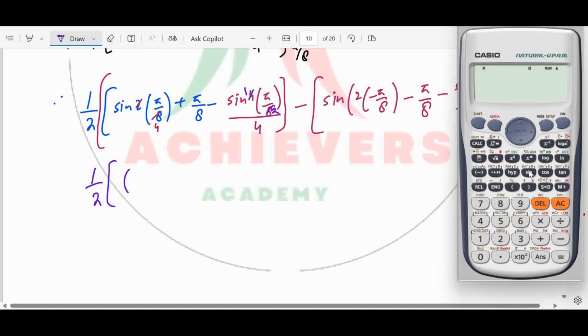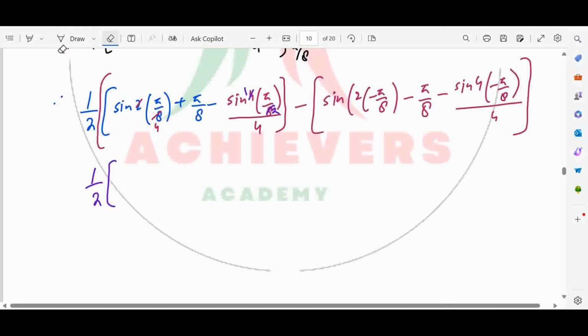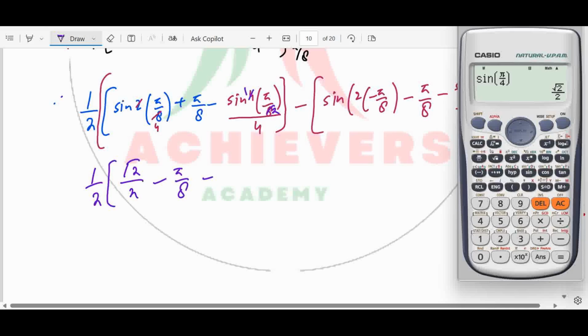So we can write it as sine of pi by 4, this will be equals to square root of 2 by 2, minus pi by 8, minus sine of pi by 2, this will be equals to 1.